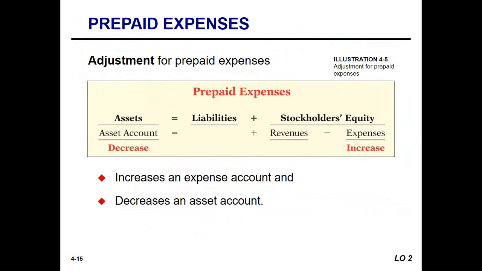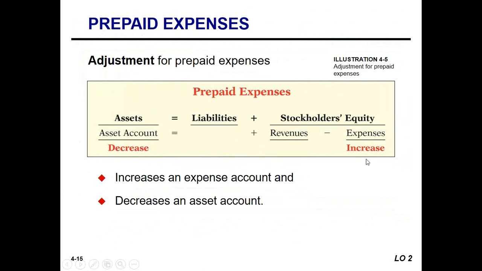And here we're looking at a partial part of our spreadsheet. It increases an expense account and it decreases an asset account. Remember, everything has to fit in our accounting equation, and the accounting equation must stay in balance.